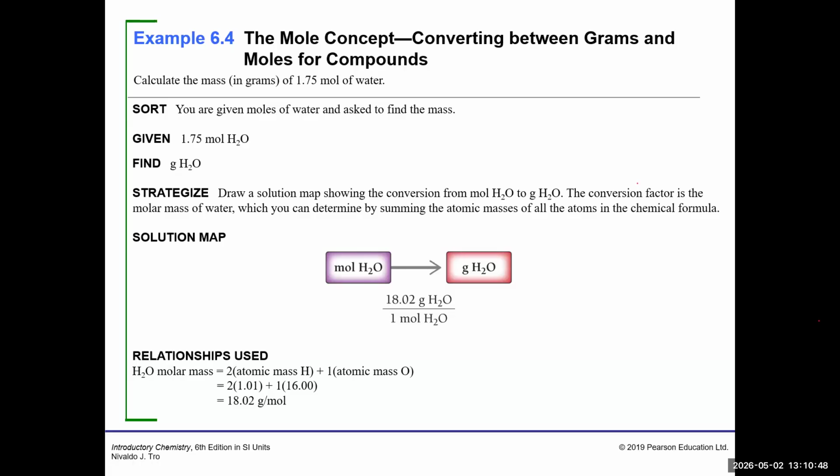The atomic mass of hydrogen is 1.01, and the atomic mass of oxygen is 16.00. So for H2O, multiply the 2 by 1.01, and add it to 1 times 16.00. When you add them up, you have 18.02 grams per mole. That's the molar mass of water, and that is 1 mole of water.